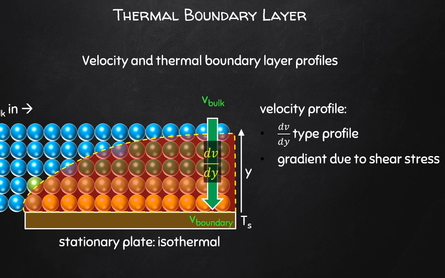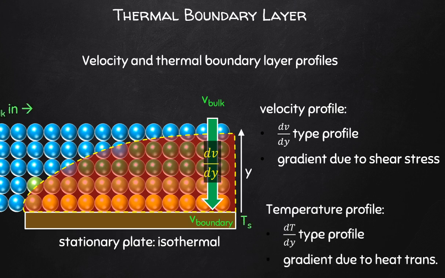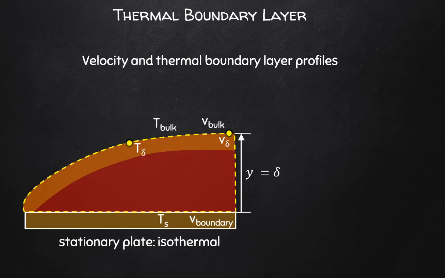This velocity boundary layer is also associated with what is termed the thermal boundary layer, due to a temperature gradient. Now, we have defined this before: this thermal boundary layer is defined in a similar fashion to the velocity boundary layer.